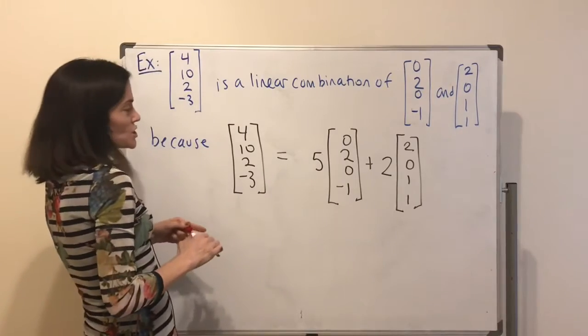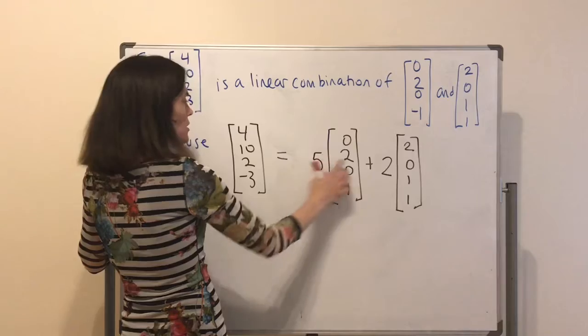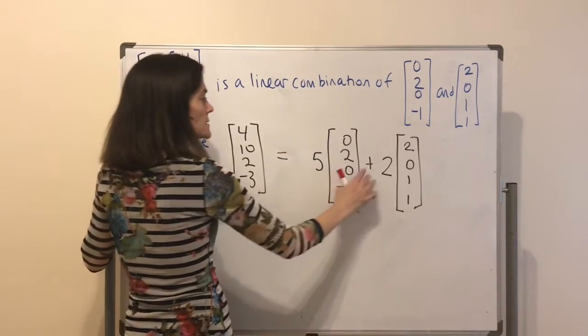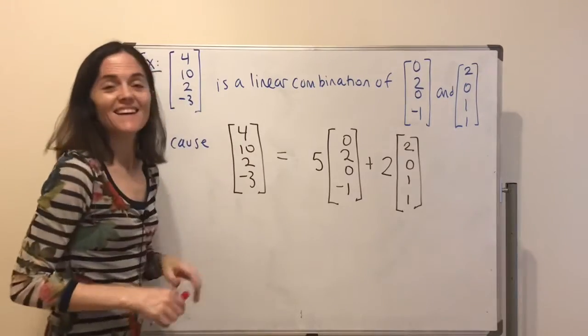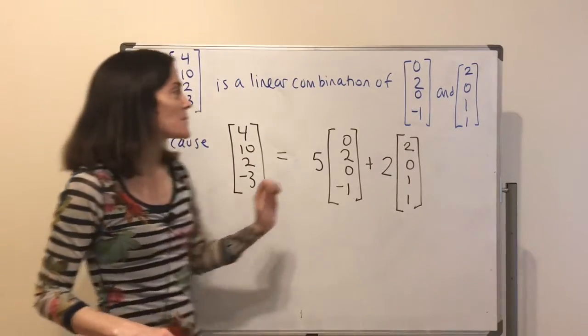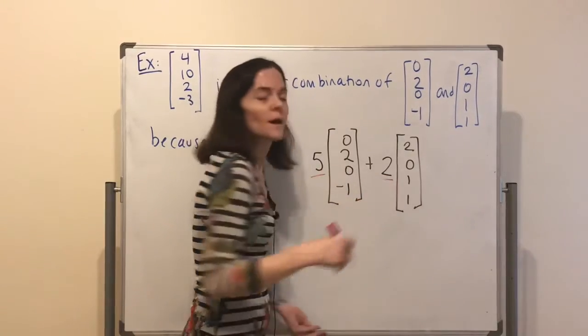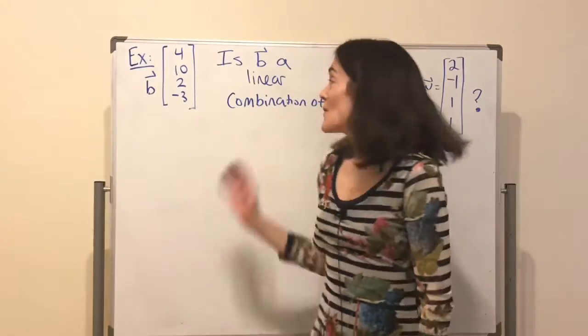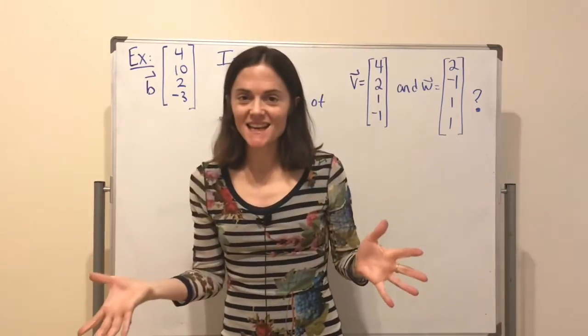And we could just check, for example, if you added, you would get 4, you would get 10, you would get 0 and 2, and then you would get minus 5 plus 2 minus 3. Okay, so this shows that this vector is a linear combination of these two because I can find these two numbers. Well, I'm still working with this one vector, but I've changed things.